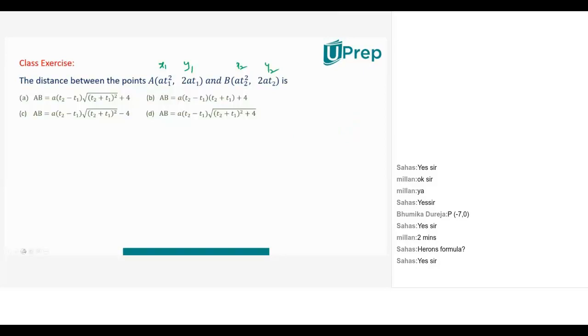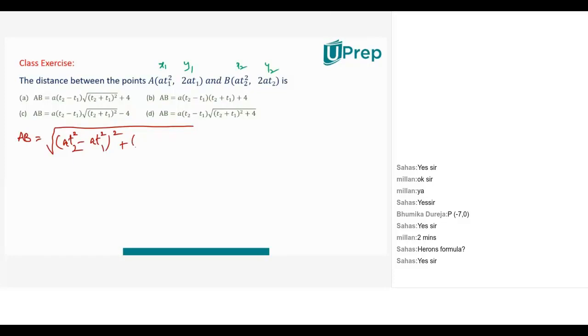So what's my AB length? Square root of, a bigger square root because the numbers are big. x2 minus x1, A T2 square minus A T1 square, whole square, plus y2 minus y1, 2A T2 minus 2A T1, whole square. That's all. After this, it's more of algebra than anything to do with maths. Look at the first two terms.